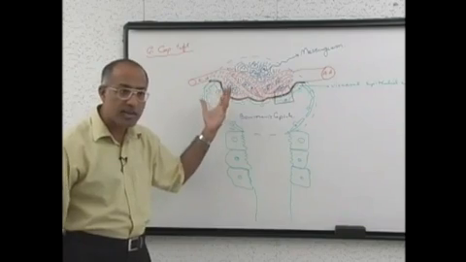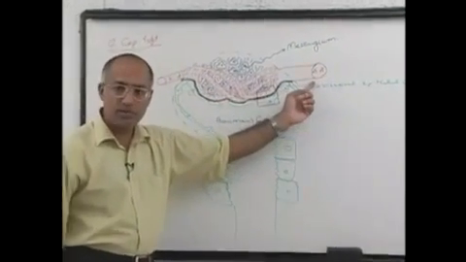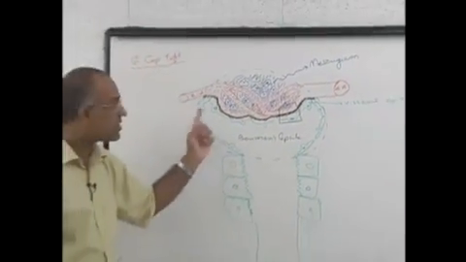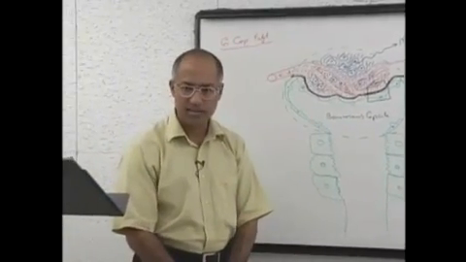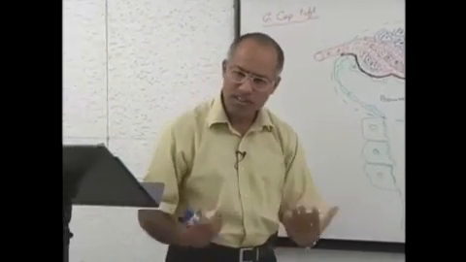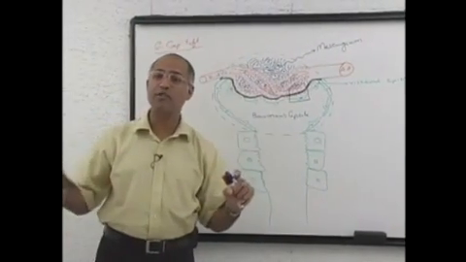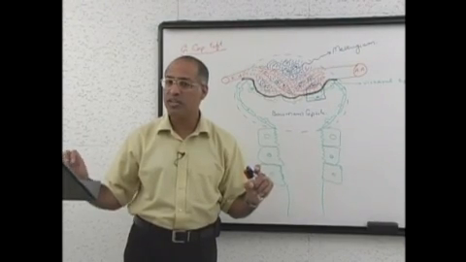But these glomerular capillaries are unusual, that they are fed by the arteriole as well as drained into arteriole. Due to that reason, these capillaries are a very high pressure system. They don't drain into venule directly, they drain into another arteriole.